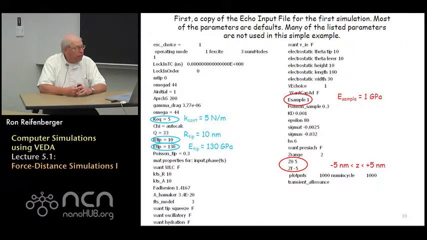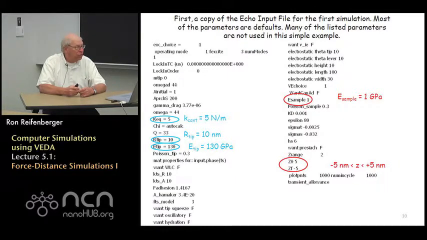Just to be clear, I give a list of the echo input file that was generated when I did this simulation. This echo input file has a large number of parameters. Many of the parameters are not associated with the specific simulation that you're trying to perform, but I've circled a few here just to show you that you can cross-check and make sure that VEDA is in fact using the parameters that you input at the various steps along the way.